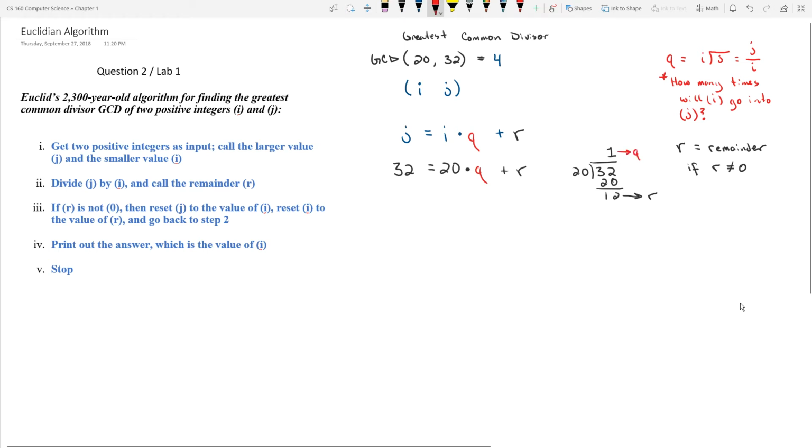You'll find that Q is going to end up being a placeholder. We do not actually use that as part of the formula. We're really concerned with just the remainder, just that value 12. So let's go ahead and enter that. We have 32 is equal to 20 multiplied by the one time it went into it, plus our remainder of 12.